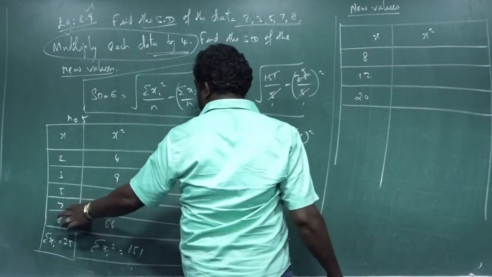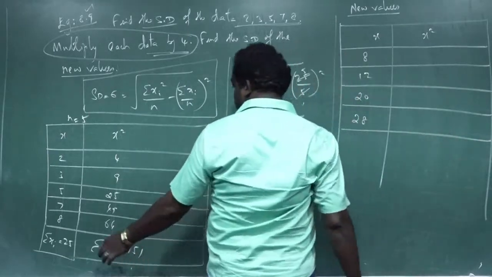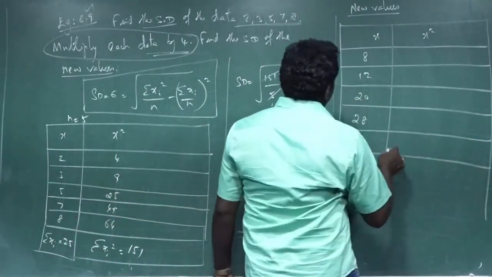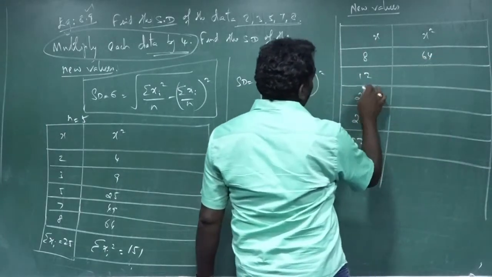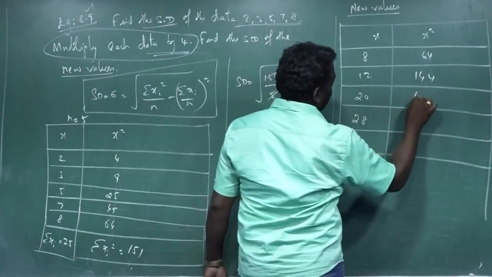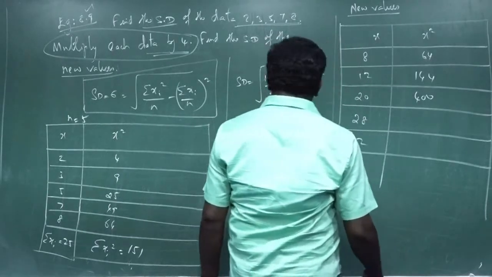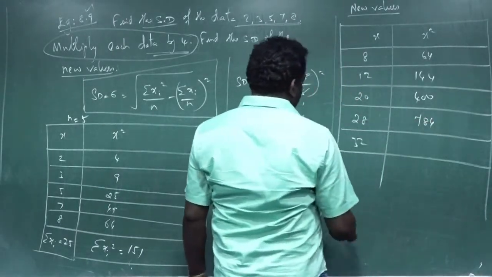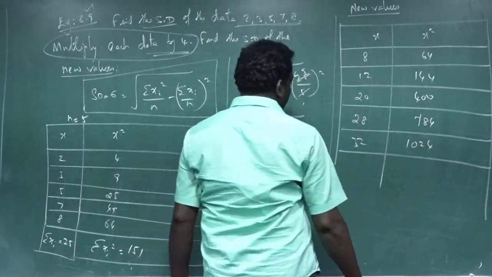Fourth value 7 4s are 28. Next 8 4s are 32. Now square the numbers: 8 8s are 64, 12 12s are 144, 20 into 20 is 400, 28 into 28 is 784, and then 32 into 32 is 1024.